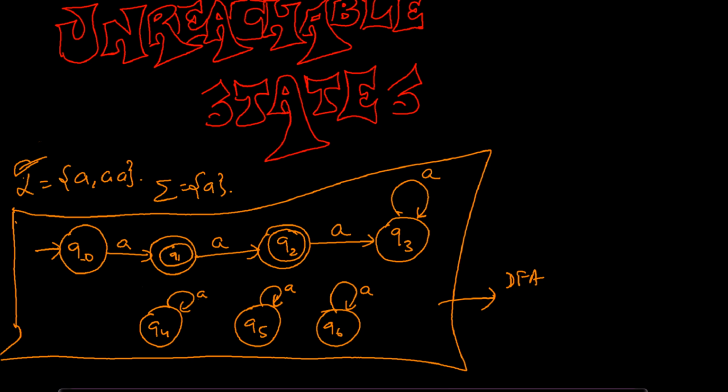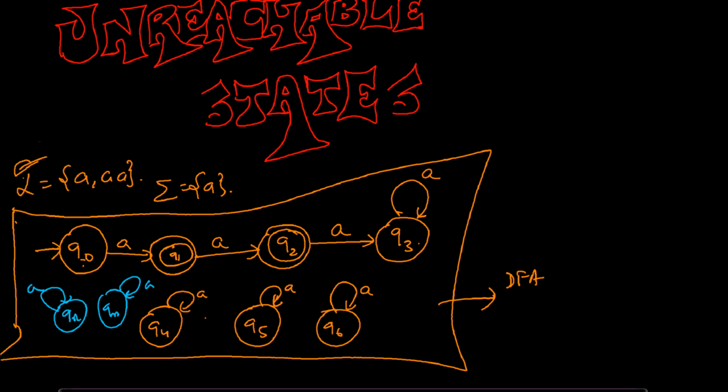All other strings either stay on Q0 or end in the dead state, which are non-final. So you can have many unreachable states, Qn plus 1, and it is still the DFA for the same language.